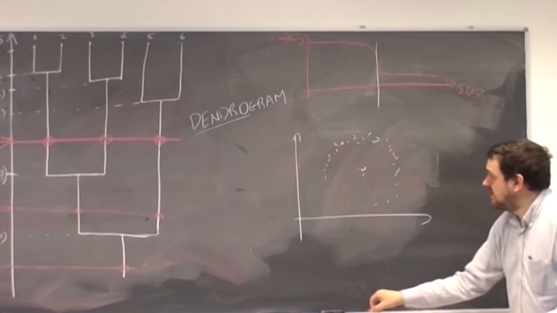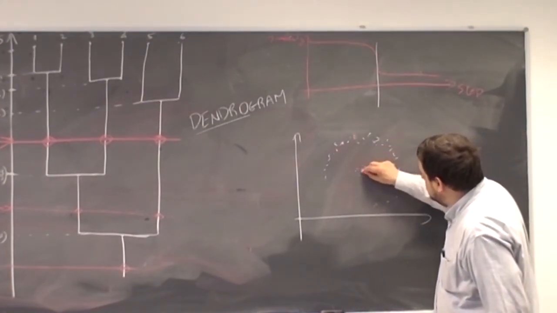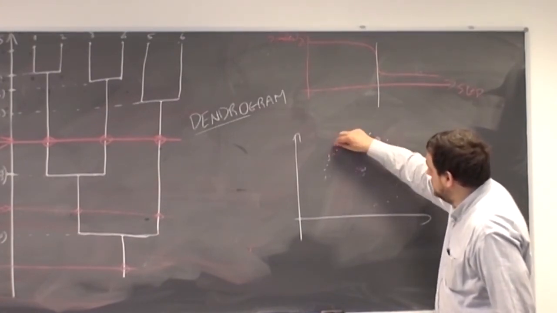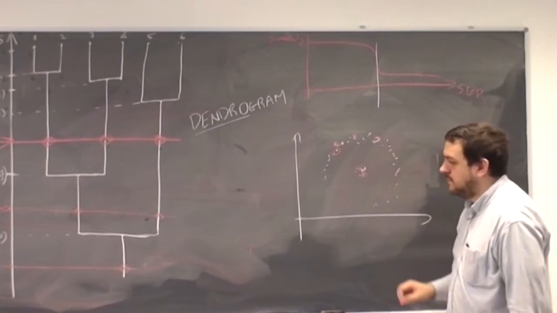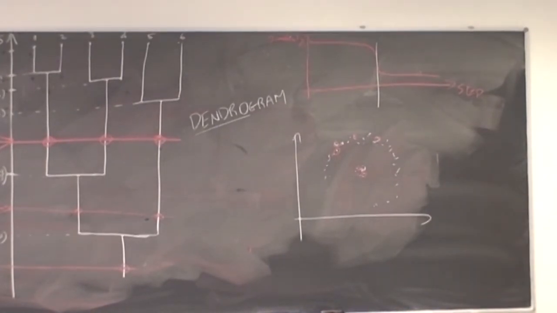Well, in this case, again, you start by joining together elements that are close together. Now, what happens when you go on with this example?